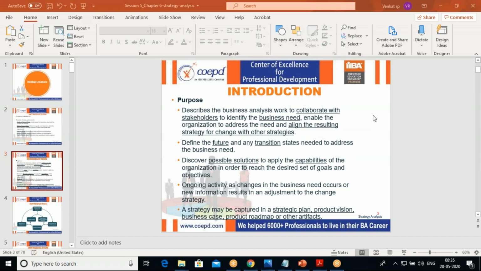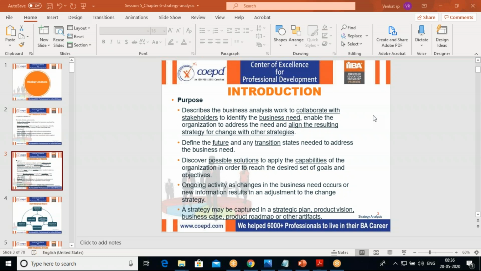BACCM says that a need is there. For that need we need to make a change, and that change will be made through a solution, okay? And this is influenced or impacted by stakeholders, and the stakeholders will get value because of this particular change.